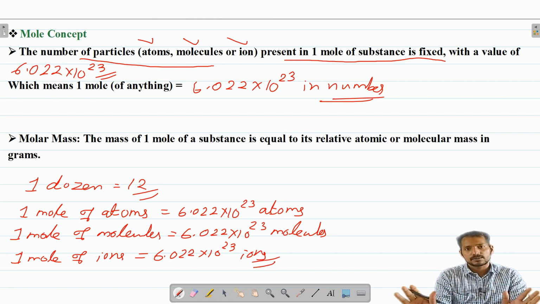That means 1 mole of anything is equal to 6.022 into 10 raised to 23 in number.